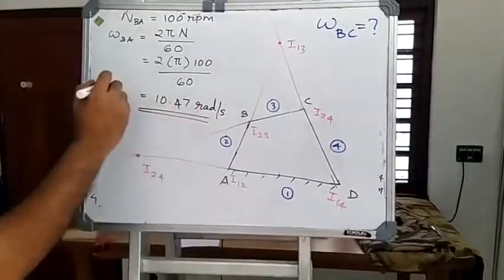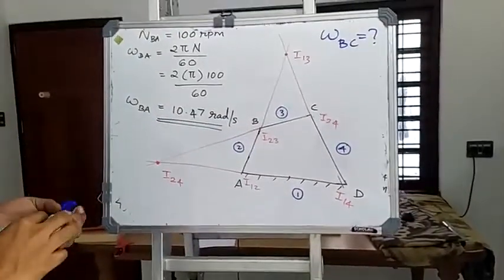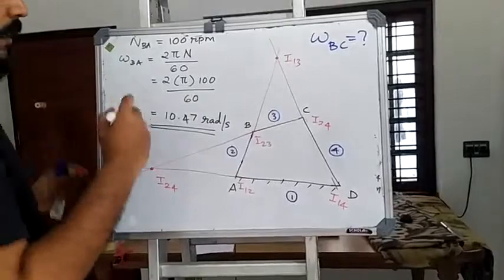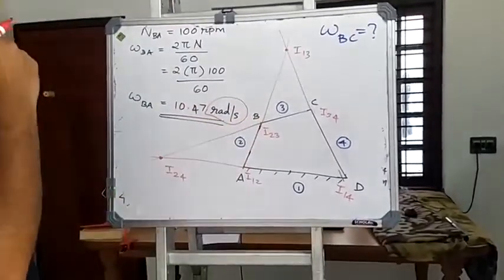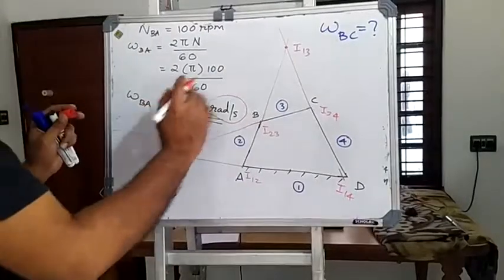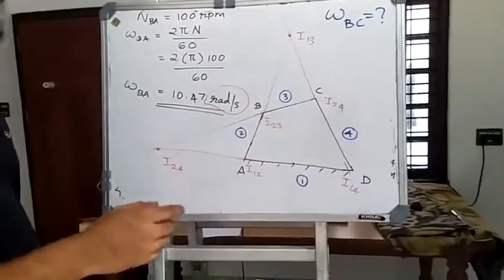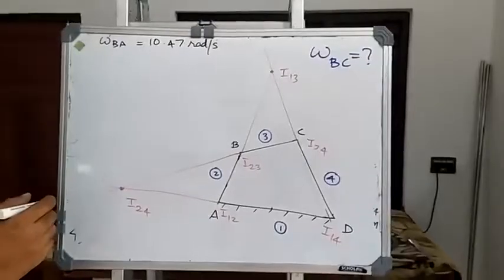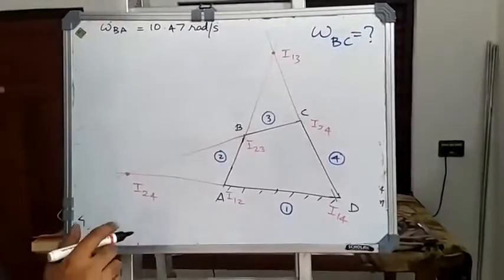So omega BA we have obtained as 10.47 radians per second. See, the unit of omega or angular velocity is radians per second, which is very important: you should show the units of every value that you are calculating.